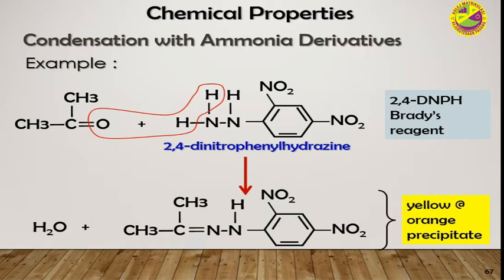The carbon is now double bonded to the nitrogen of 2,4-dinitrophenylhydrazine. If this reaction is carried out in an experiment, a yellow or orange precipitate is formed.